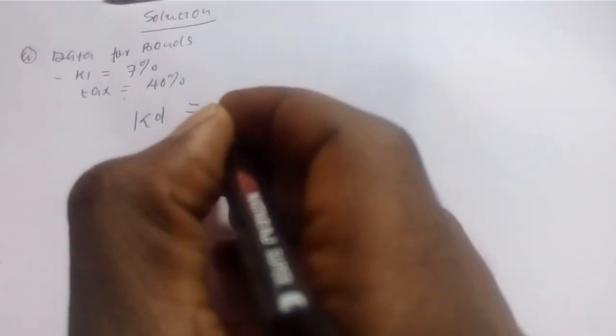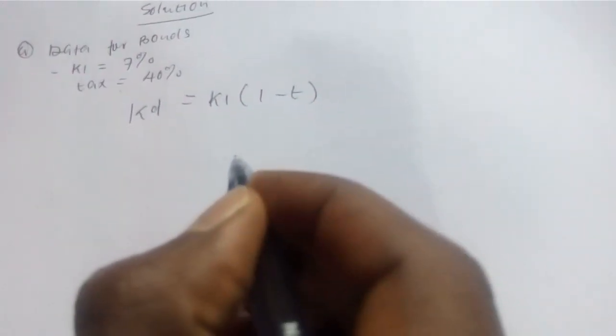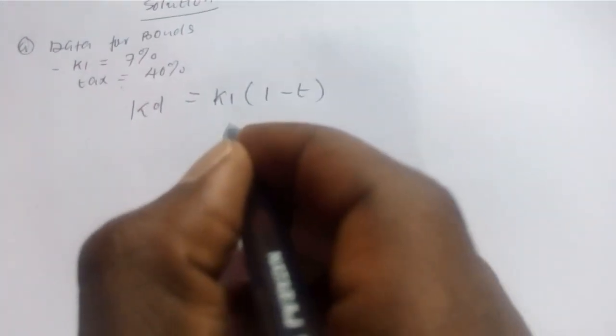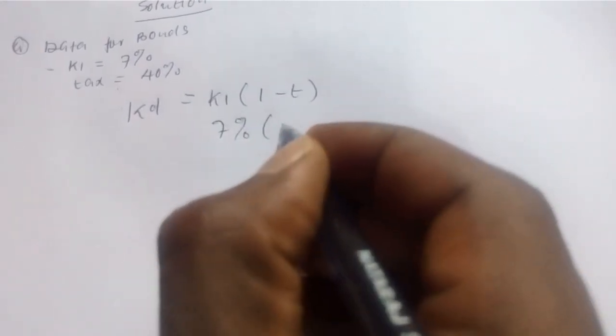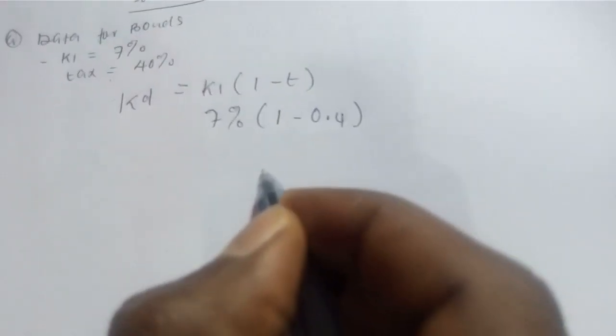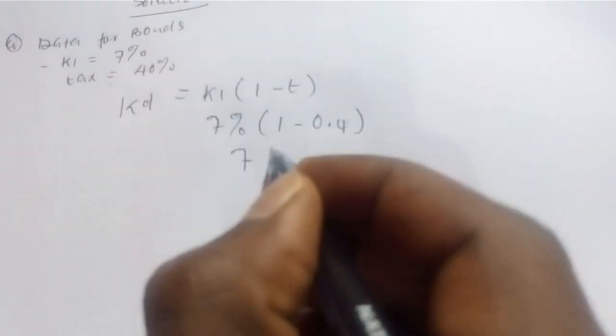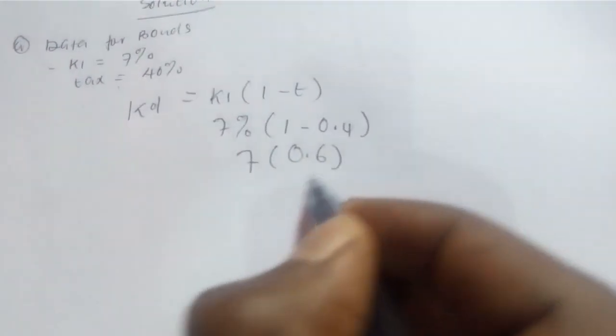We apply the formula for debt, which is finding the cost of debt is equal to the before tax cost of debt times (1 minus tax rate). Our before tax cost has been given to be 7%, times 1 minus the tax rate, which is 40%, 0.4. When we subtract here, we have 0.6.